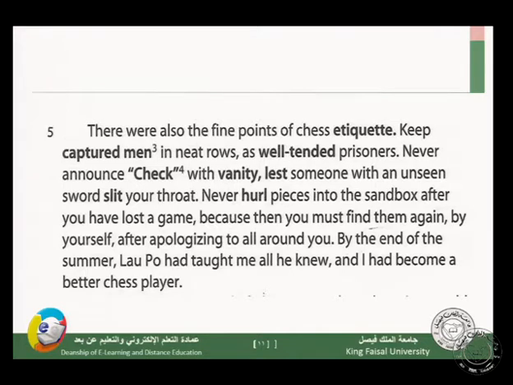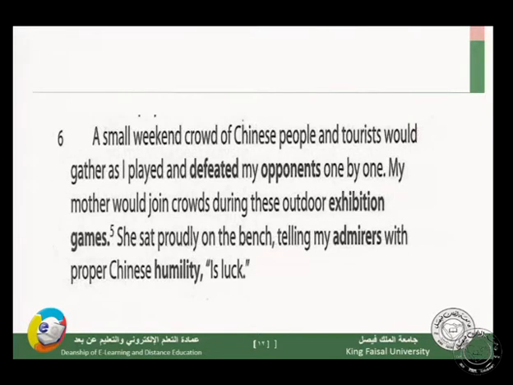By the end of the summer, Lopo had taught me all he knew, and I had become a better chess player. في نهاية الصيف لوبو علمه كل أسرار اللعبة، فبعد كذا أصبح المتحدث هنا الصبي لاعب جيد في الشطرنج في الchess.